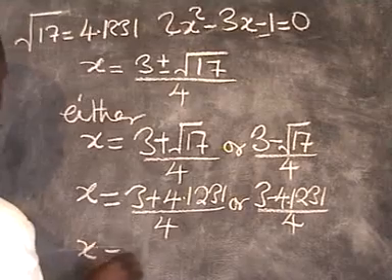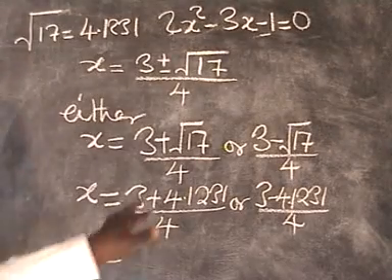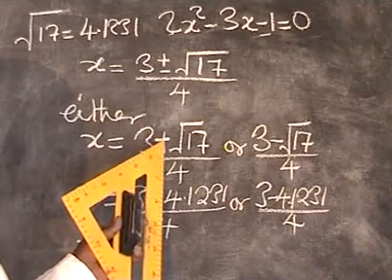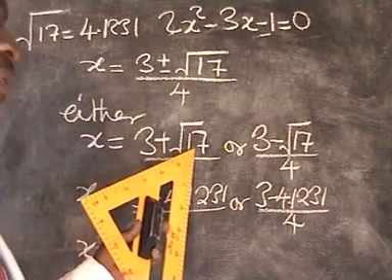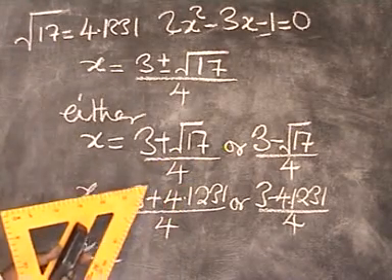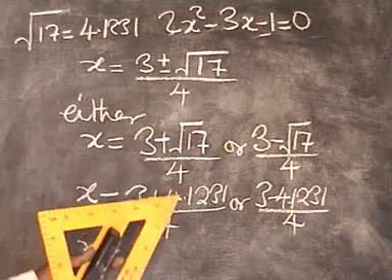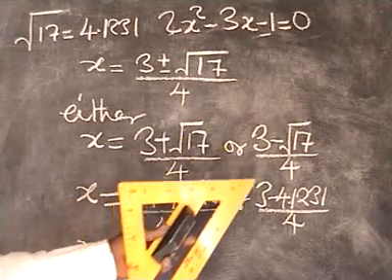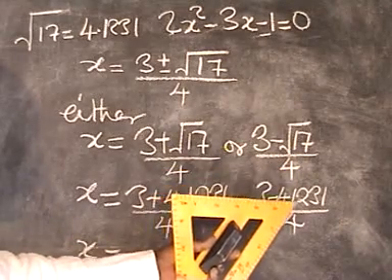Then from there, as you can see, I've treated the top part like I said, positive 3 plus square root 17. Then I get the feedback: the square root of 17 is 4.1231, and the square root of 17 the same, 4.1231.